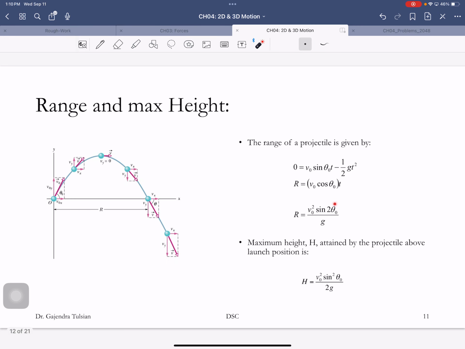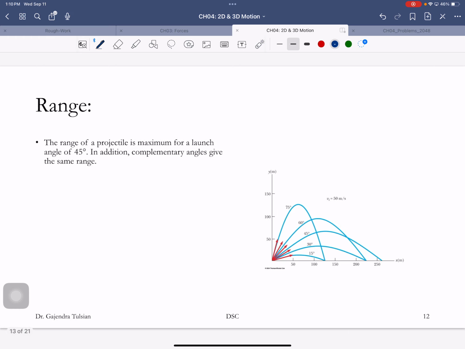Here's another deal. It turns out that for complementary angles, you get the same range. For 75 degrees and 15 degrees, you get the same range. So 60 and 30 degrees, you get the same range.